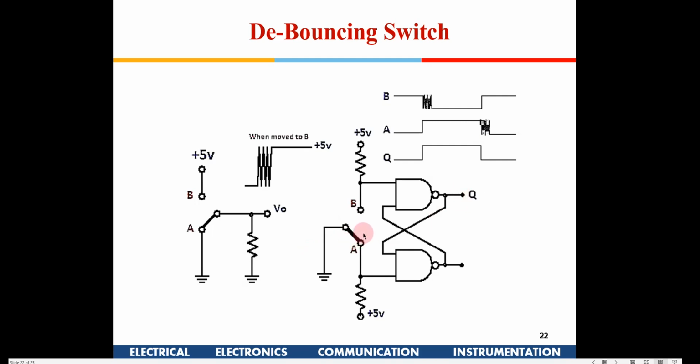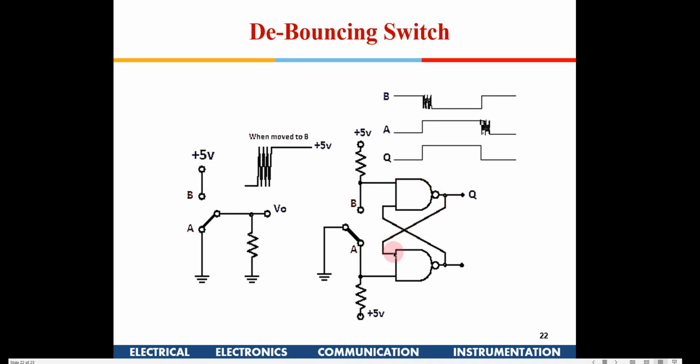Now the moment I turn this switch to the B position, the very first time it makes a contact with B out here, this will become 0 here. The moment it becomes 0 here, this is a NAND, so this will become 1 here.